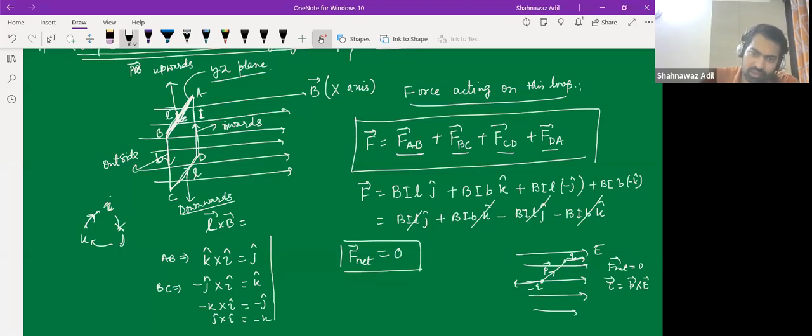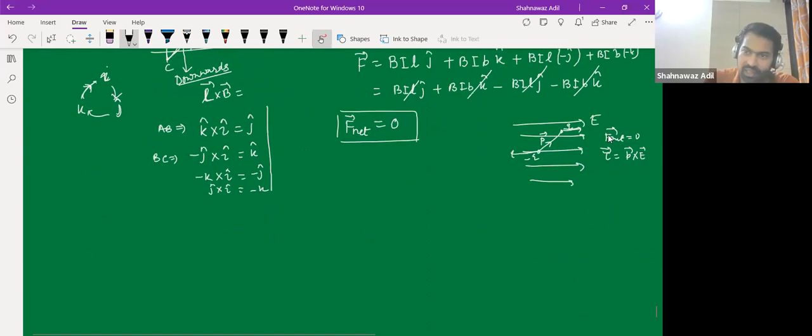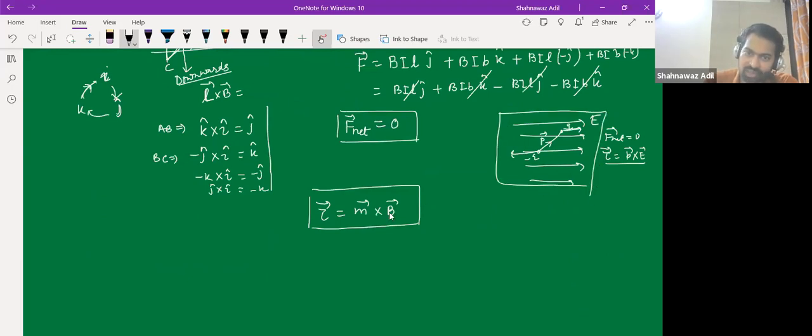Yes. So similarly, that is the electric case. Due to the magnetic moment, we will have a magnetic torque, which would be M cross B. Taking the same analogy from the electric field, in the presence of a magnetic field the loop will have a net torque.